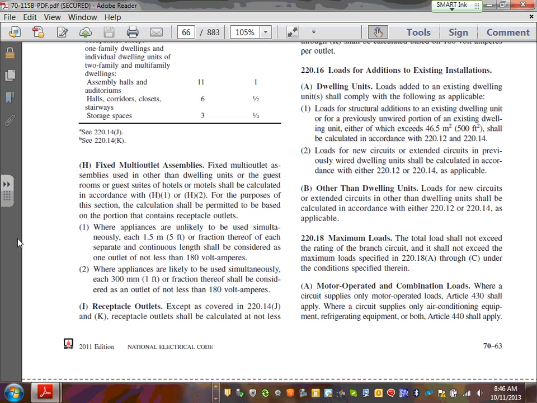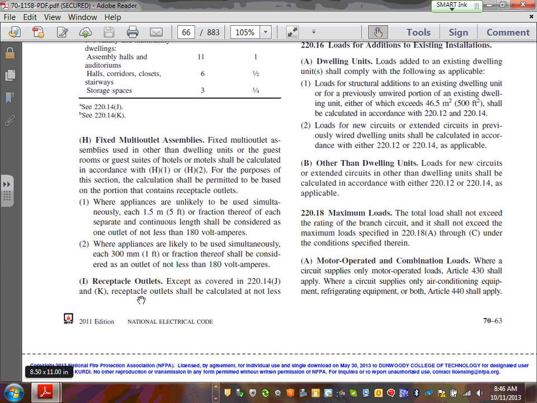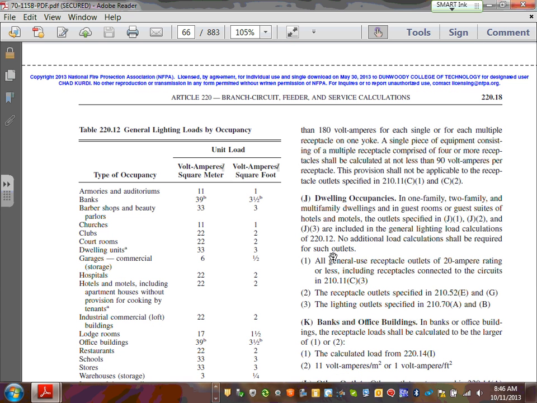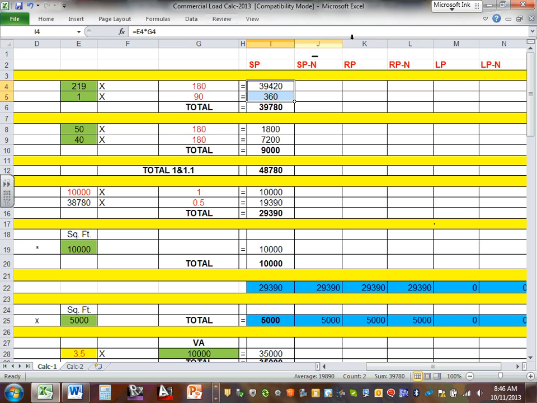I think it's right in here. There you go. Can you guys see where it says receptacle outlet, except as covered by this, receptacle outlet shall be calculated at not less than 180 volt amp. That's where this is coming from. Any question, guys, about where this information is coming from, the NEC code book? From 220.14(I). Cool?